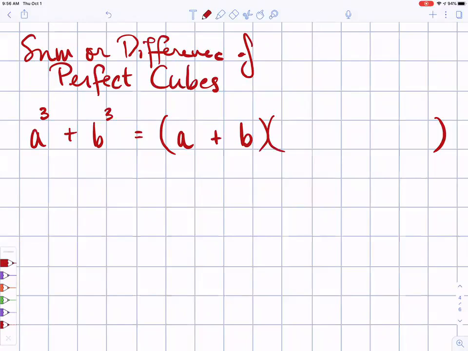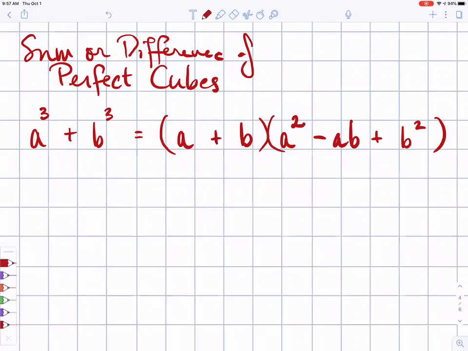And then inside your trinomial, you'll have your A squared minus your A times your B plus your B squared. Okay, so that's if you have the sum of two perfect cubes.